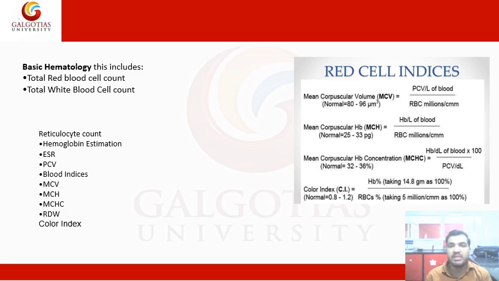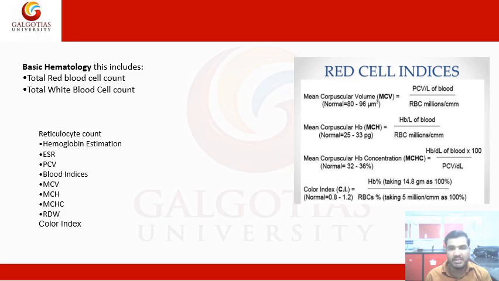In the blood indices we discuss MCV, mean corpuscular volume. The normal range is 80 to 96 cubic micrometers, and the formula is PCV per liter of blood divided by RBCs in millions per cubic mm. Next is MCH, mean corpuscular hemoglobin. The formula is hemoglobin per liter of blood divided by RBCs in millions per cubic mm of blood.